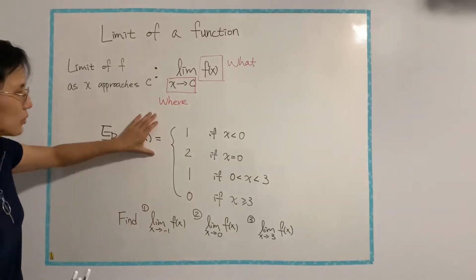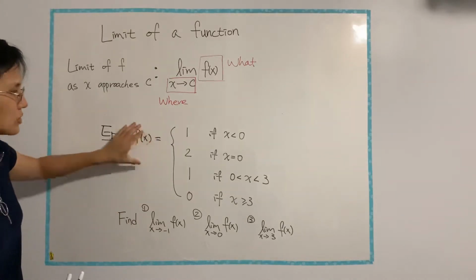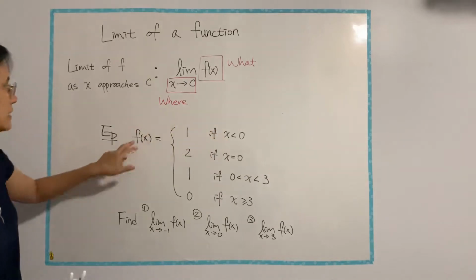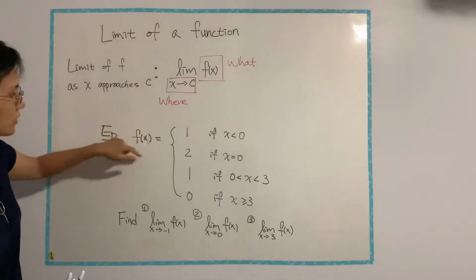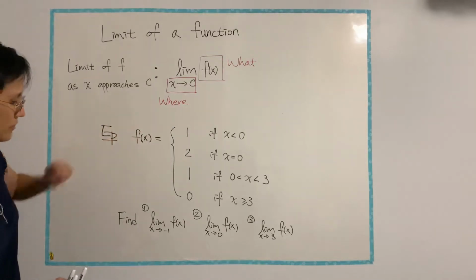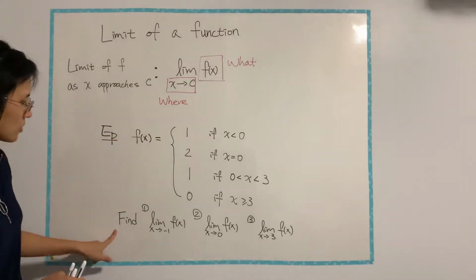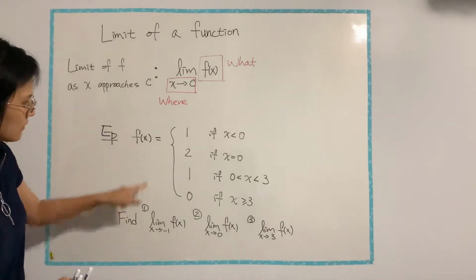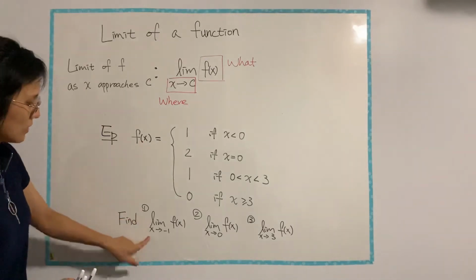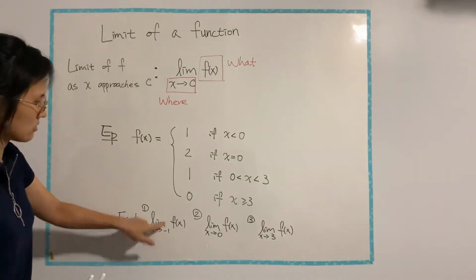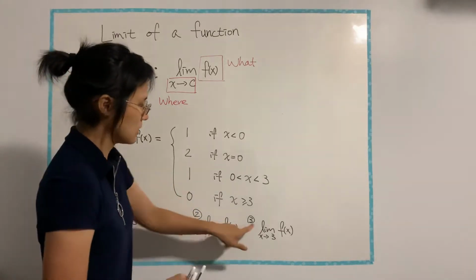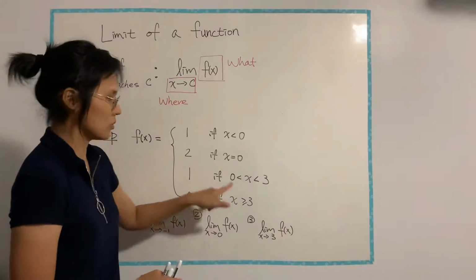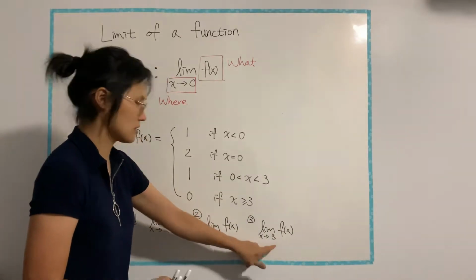Then we have a given relation between the input variable and the output variable. I'm not writing the y out, but the value f of x refers to the output value. Then we are looking for the limit of this function when x approaches -1, the limit of the same function when x approaches 0, and the limit of the same function when x approaches 3.